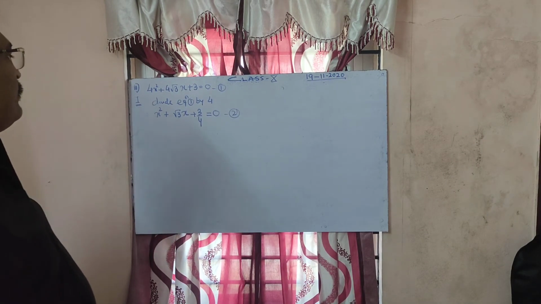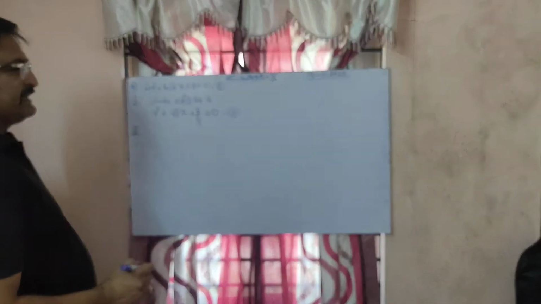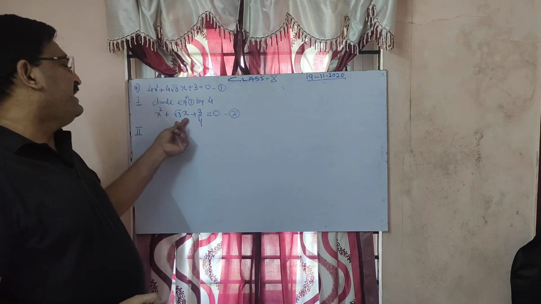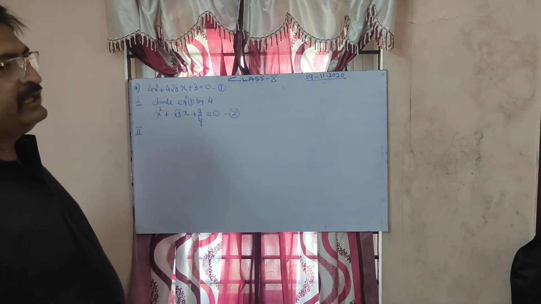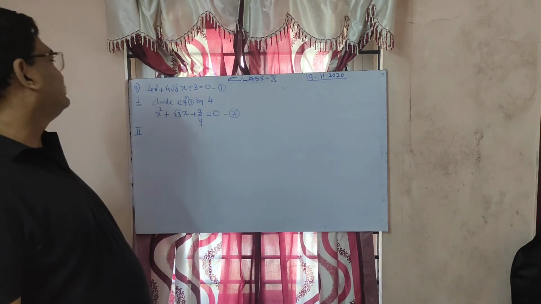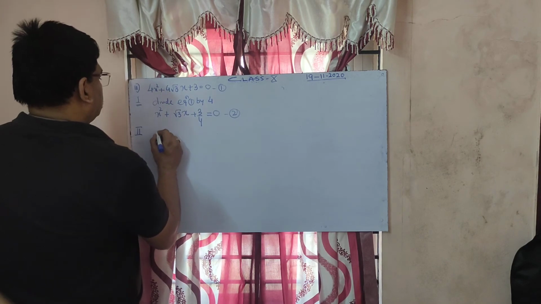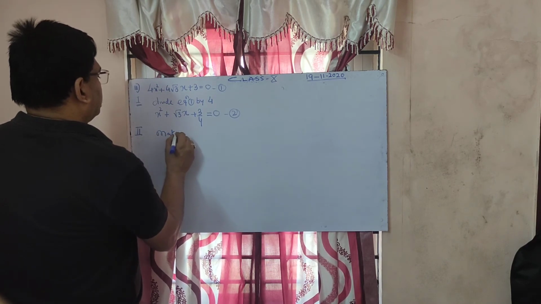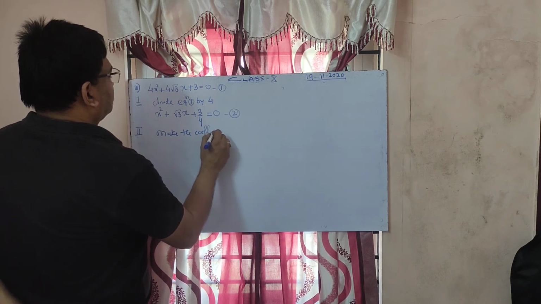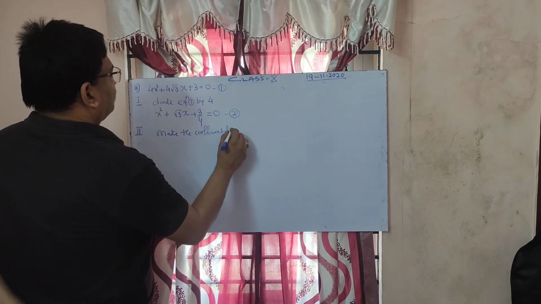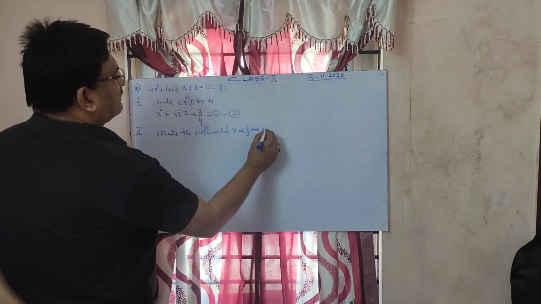Now, what is the second step I told you? Second step is make the coefficient of x as half and square.